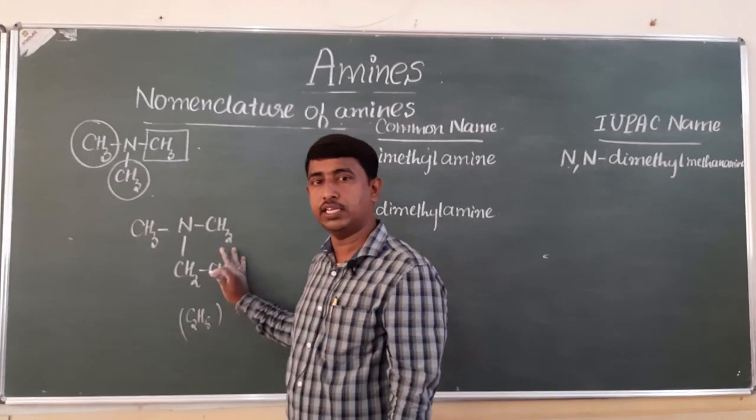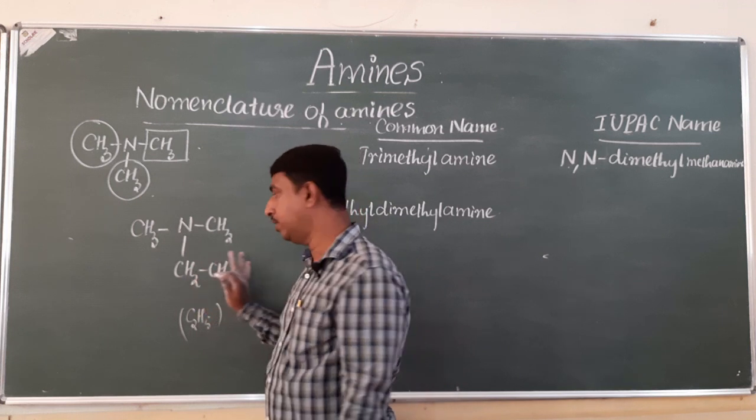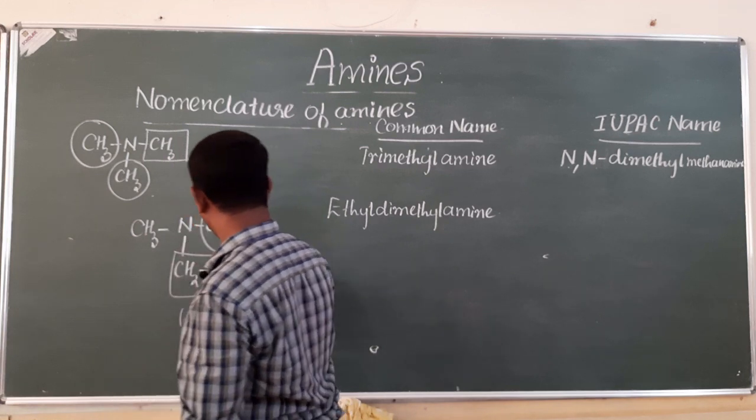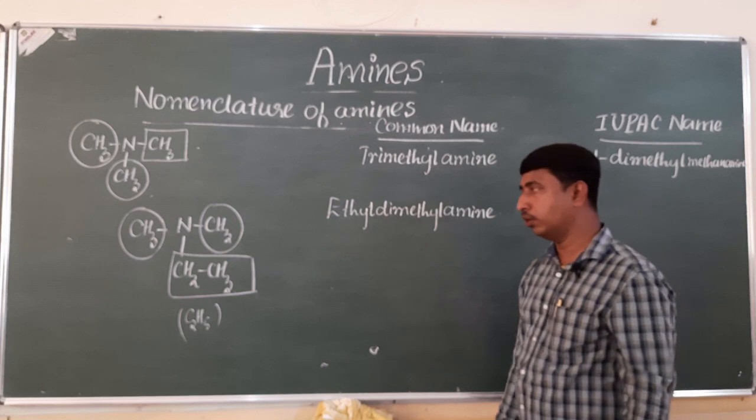IUPAC name. While writing the IUPAC name, first you have to select the longest carbon chain. So this is the longest carbon chain, or parent chain. These two groups are considered substituent groups.